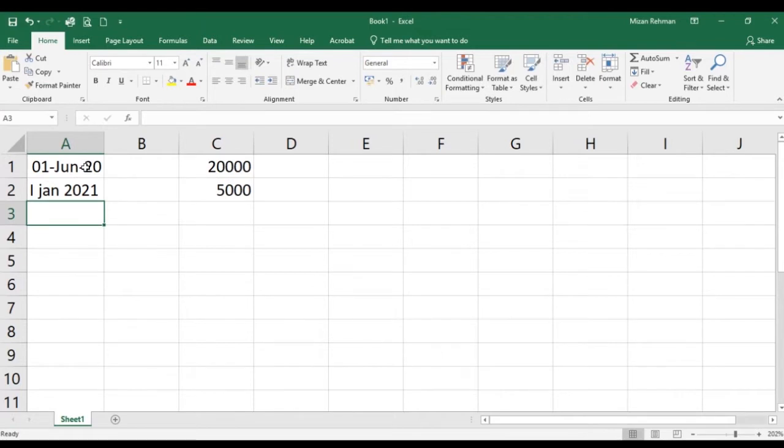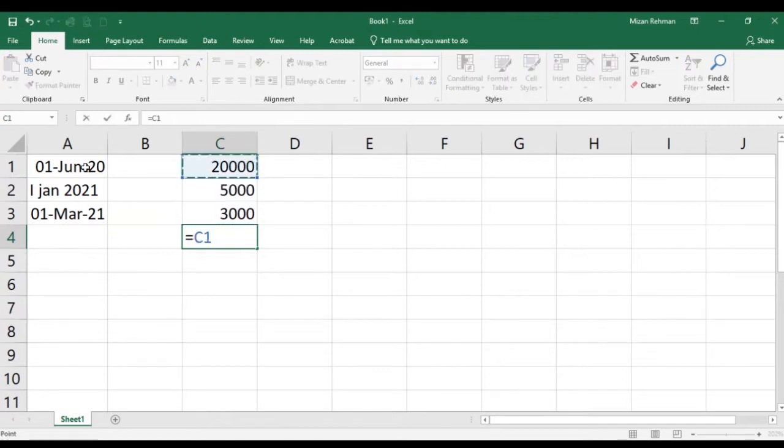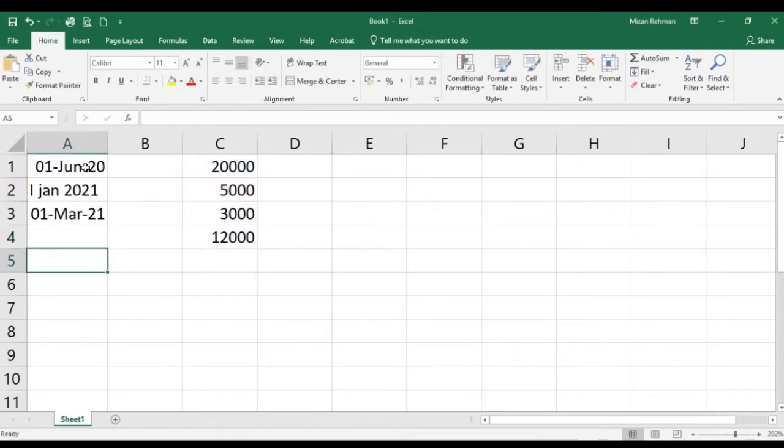Then he pays back 3,000 on 1st March 2021. And the balance on 5th April 2021 is 20,000 minus 5,000 minus 3,000, which is 12,000.